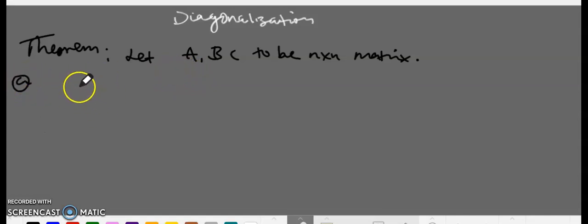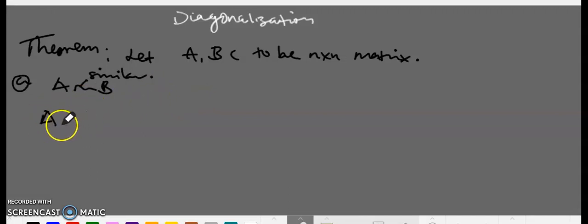Number one, we are trying to prove that A is similar to B. So for A to be similar to B, let us prove this.